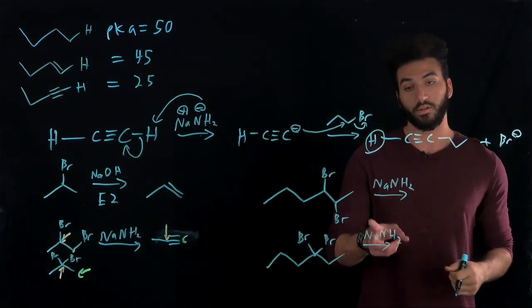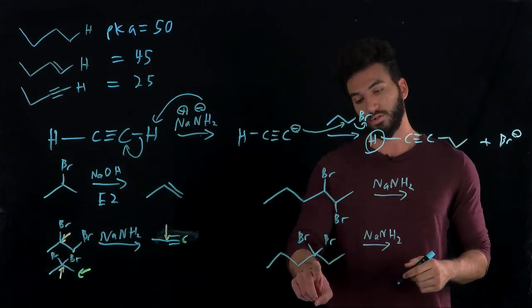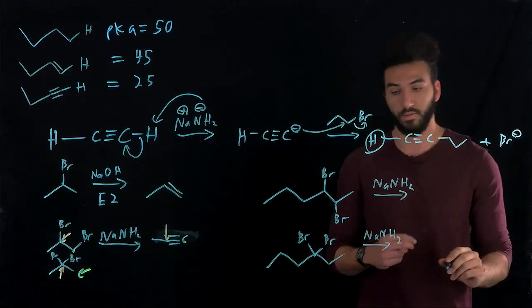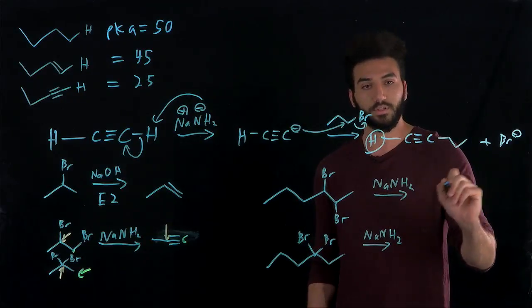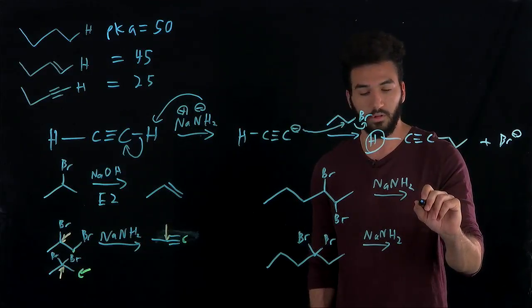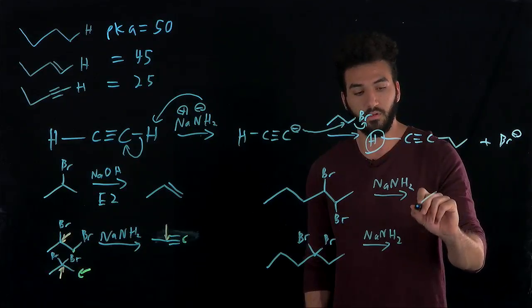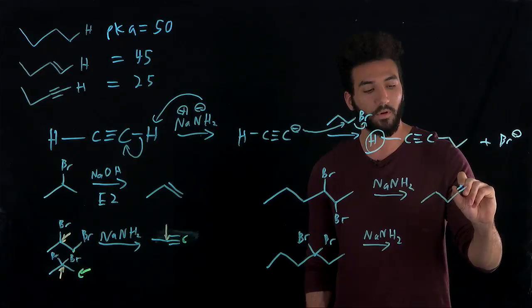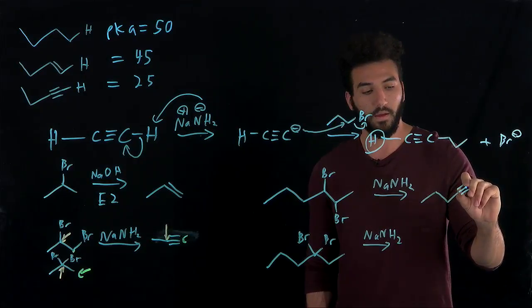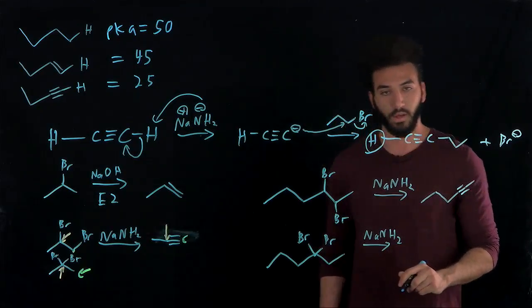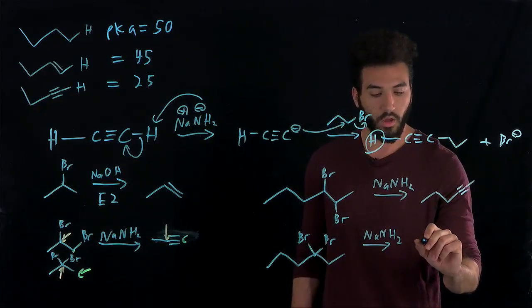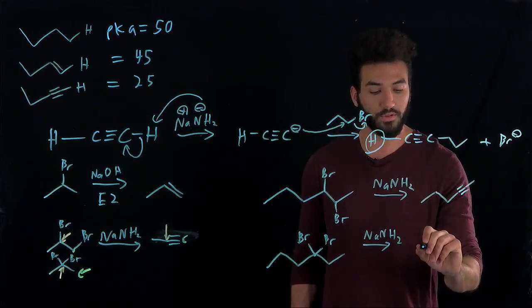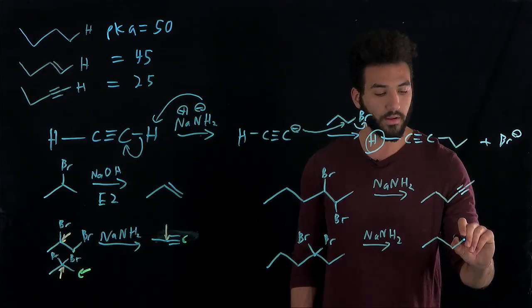You don't get the same product in each because in this starting material, you actually get 2 different products. First let's work out this product and see what it will look like. 1, 2, 3, 4, then we have our triple bond form and 5 carbons, and that's it. In this starting material, we also do get that product.